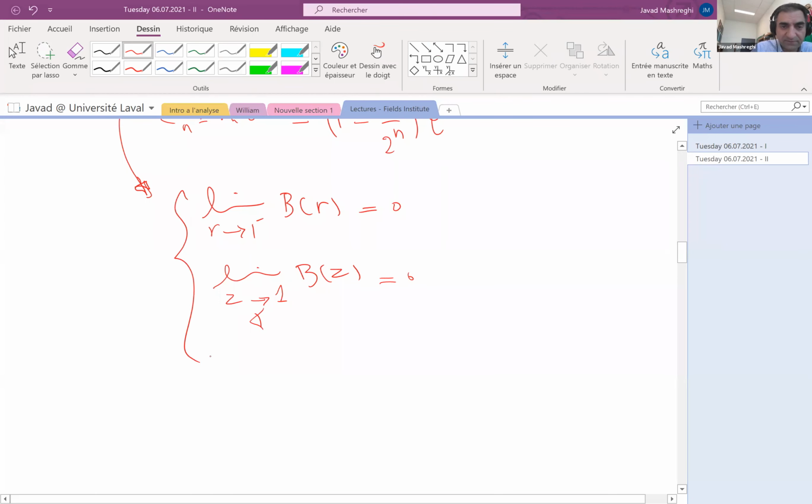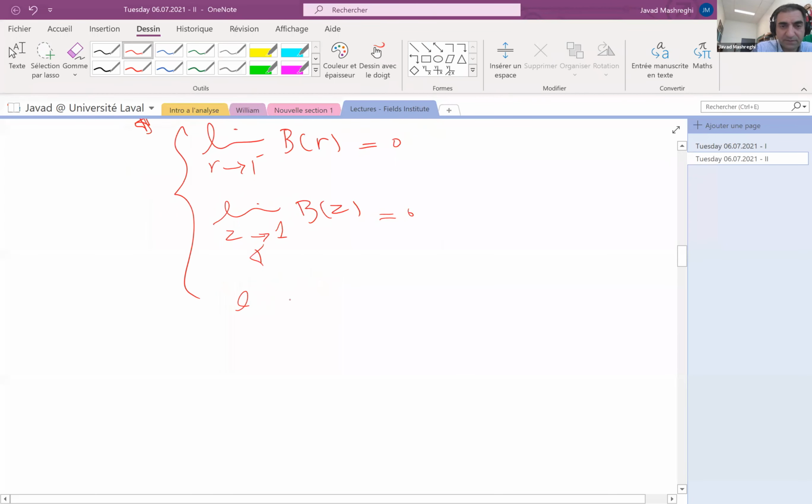However, when z goes to 1 with no restriction, B of z does not exist. The limit does not exist.